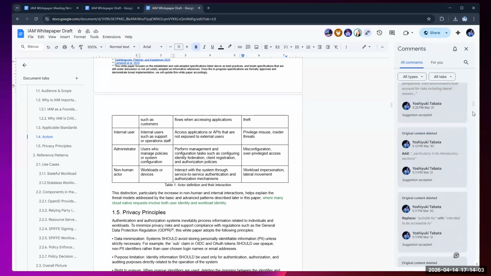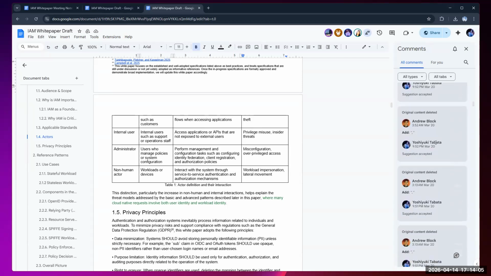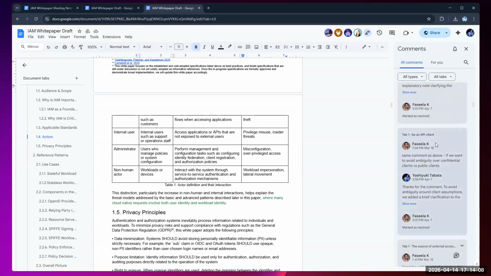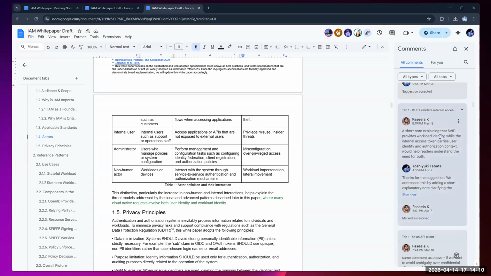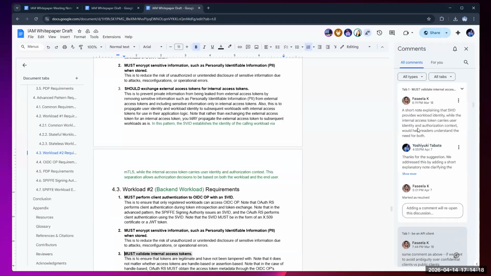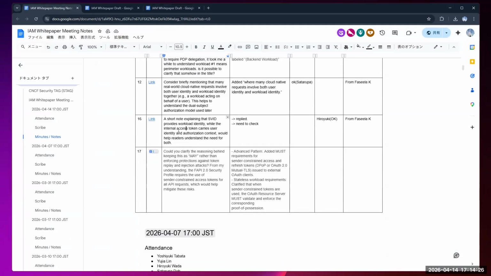Based on Fasira's comment, let's start with this. I should note that explaining that the SVT provides workload identity, while the internal access token carries user identity and authorization context, would help readers understand the need for both.